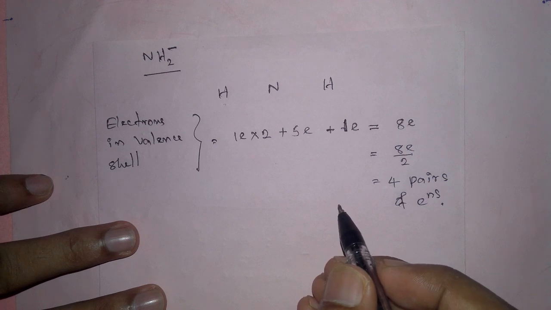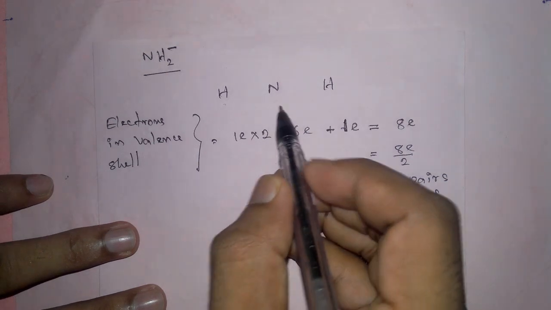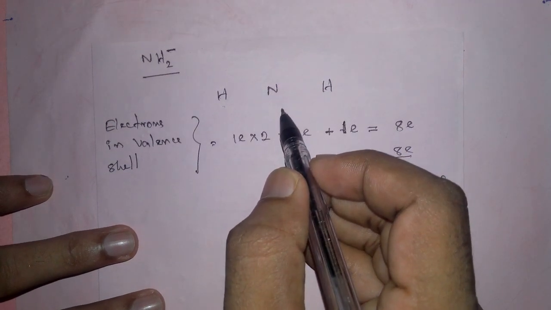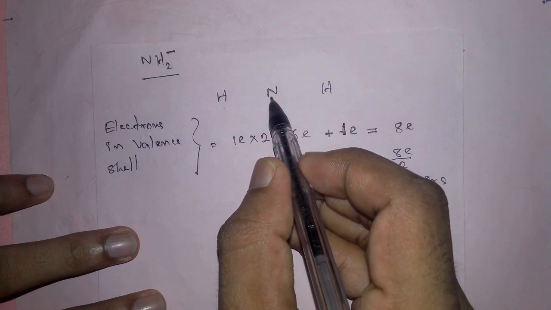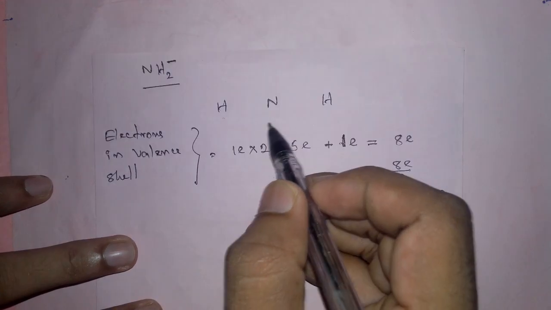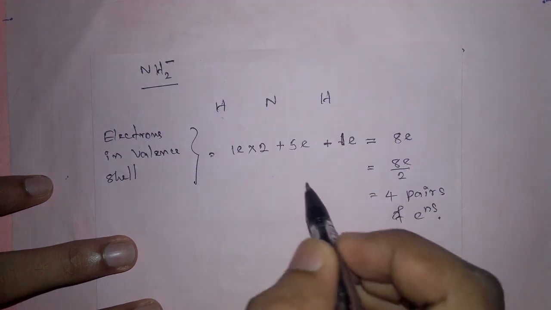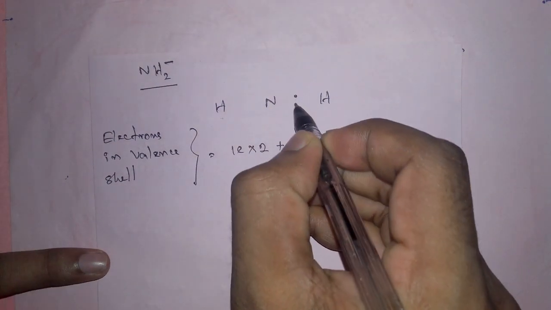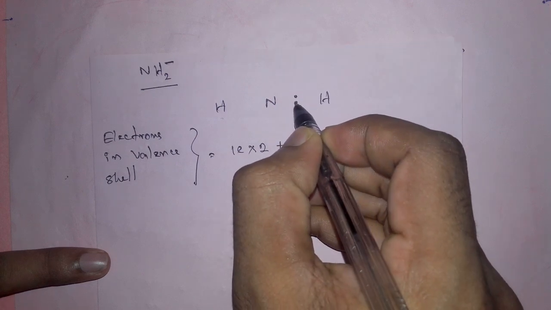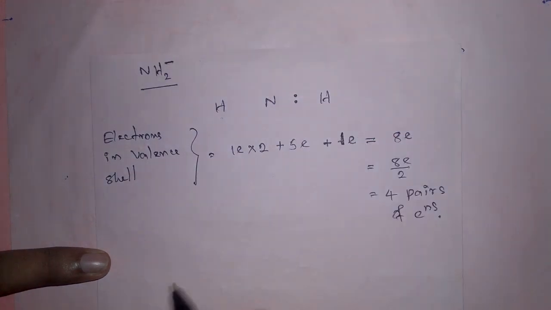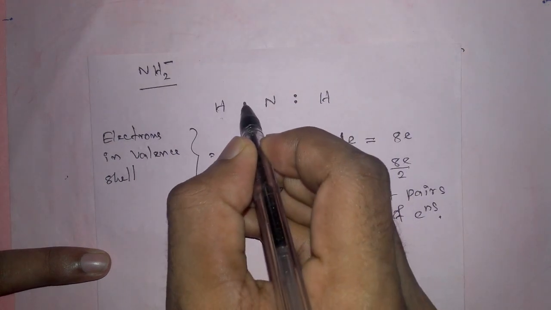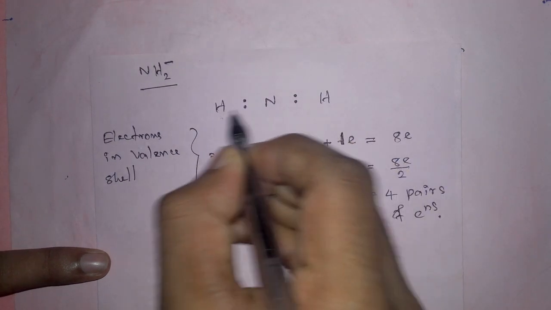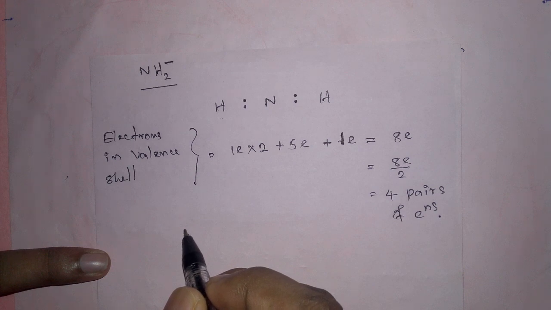The first step is to make a bond between the central atom and the peripheral atoms separately. It should be a single bond, and a single bond is indicated by an electron pair. Here also there should be an electron pair to indicate a single bond.